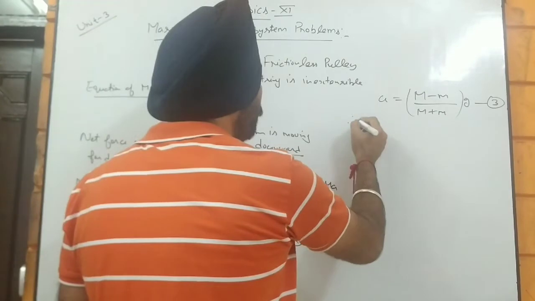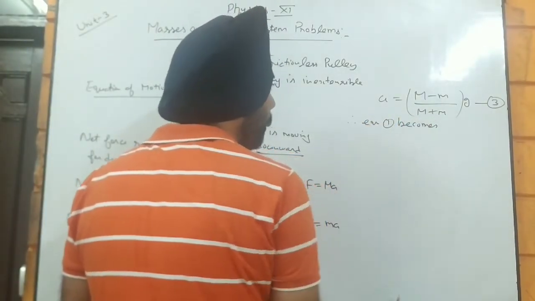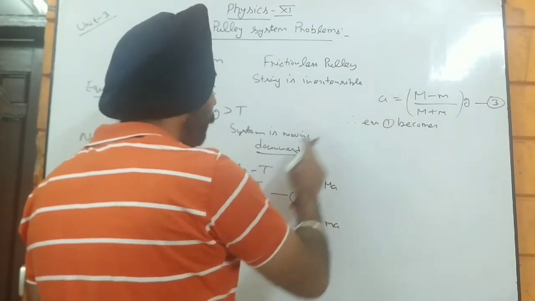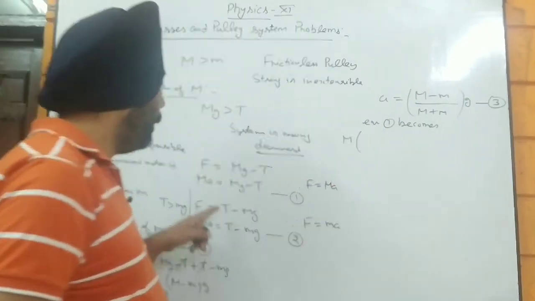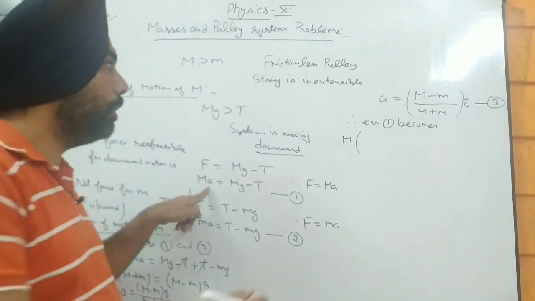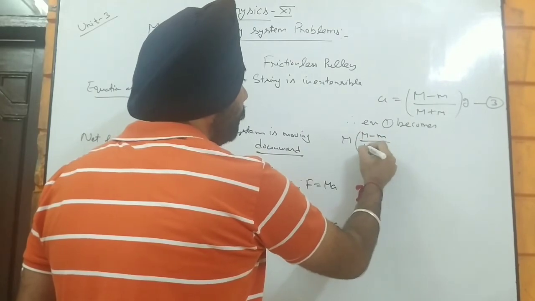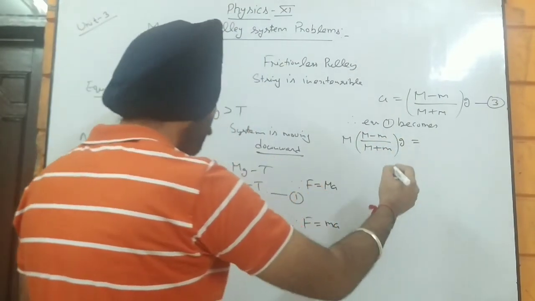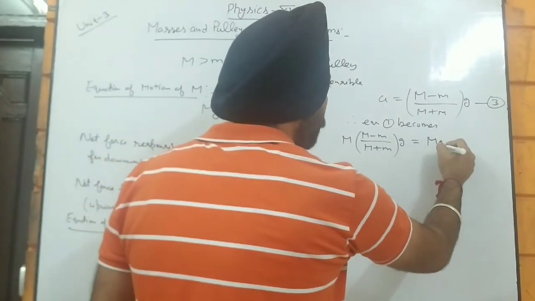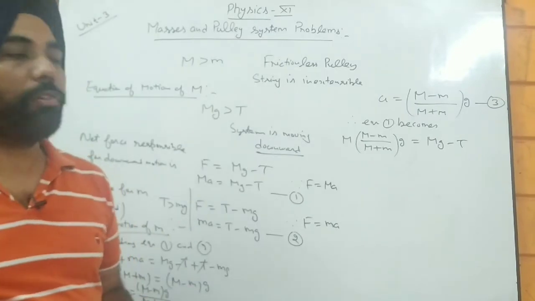So equation 1 becomes, we are using the value of a in equation 1, which means M times a. Now I am putting the value of a here, which is M minus small m over M plus small m into g is equal to Mg minus T. Now you can easily calculate the value of T from here.